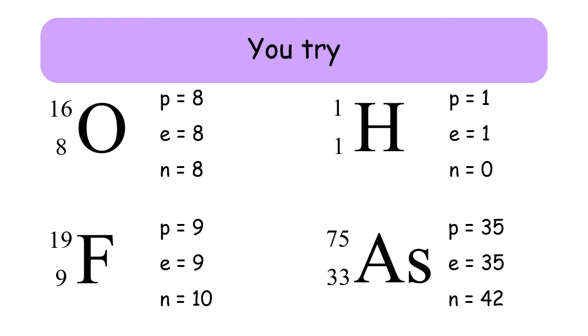And finally, that AS, which is arsenic, it has, oh, I've written that in wrong, sorry. So arsenic has 33 protons and 33 electrons, not 35, apologies. And the number of neutrons is 75 minus 33, which gives us 42 neutrons.